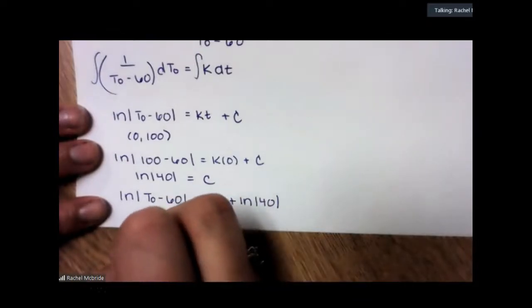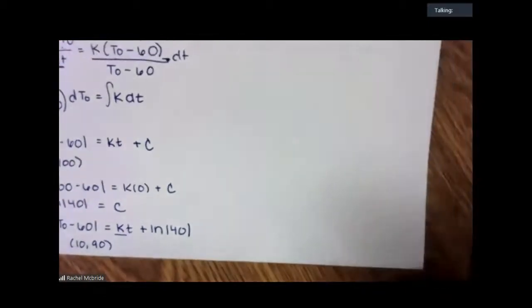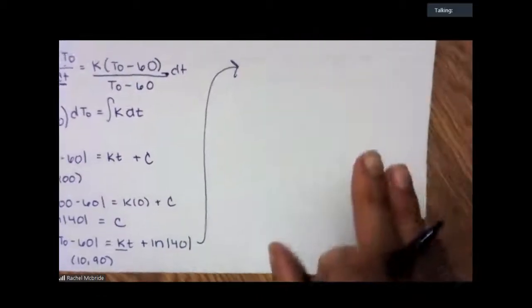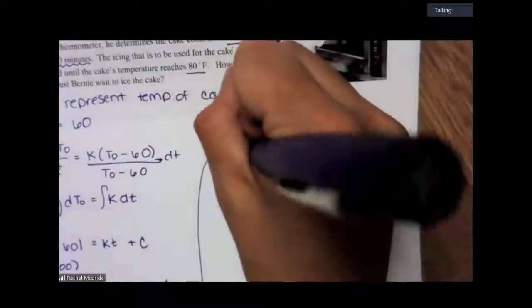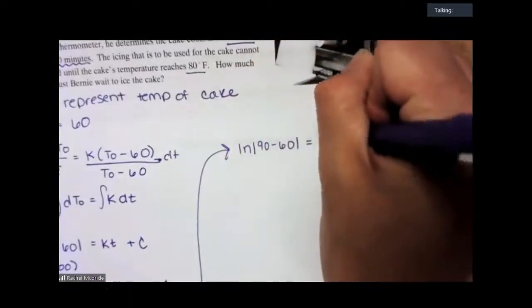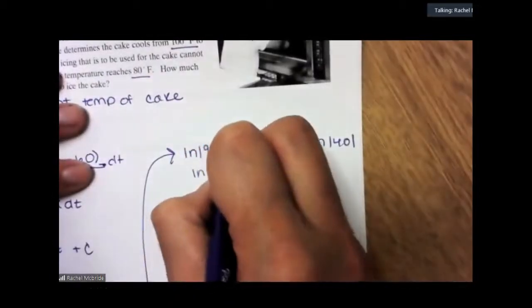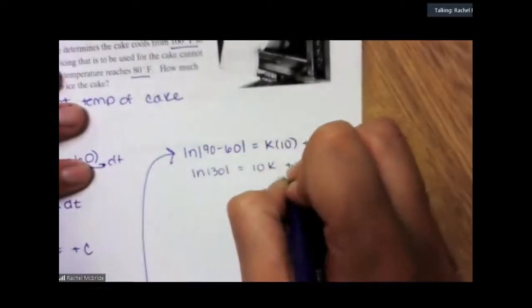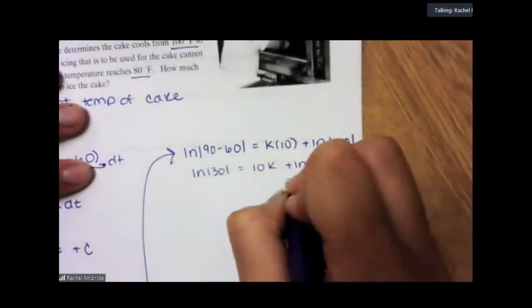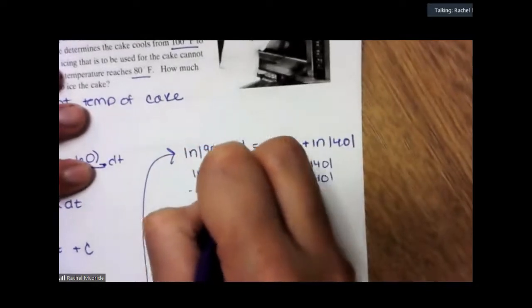So we're going to use that at 10 minutes, it was at 90. So you get natural log 30 equals 10k plus natural log 40.